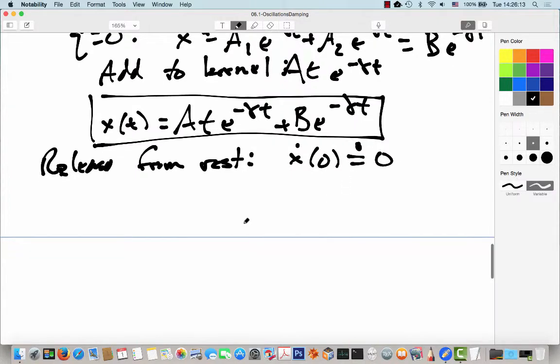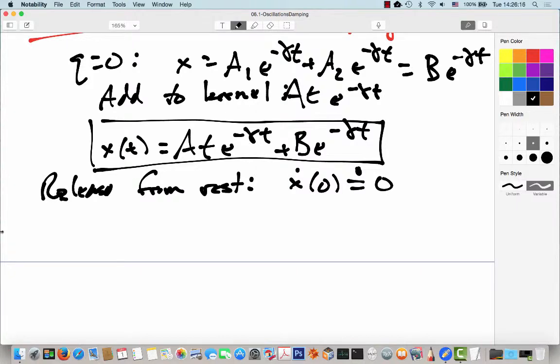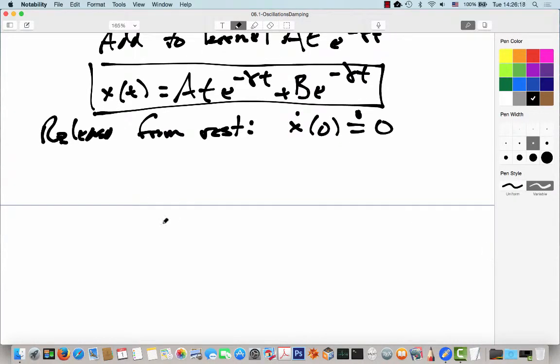All right, so in general, x dot of t is going to be, well, first we'll differentiate the t, leaving behind an a e to the minus gamma t, plus a t, and then we have to differentiate that.